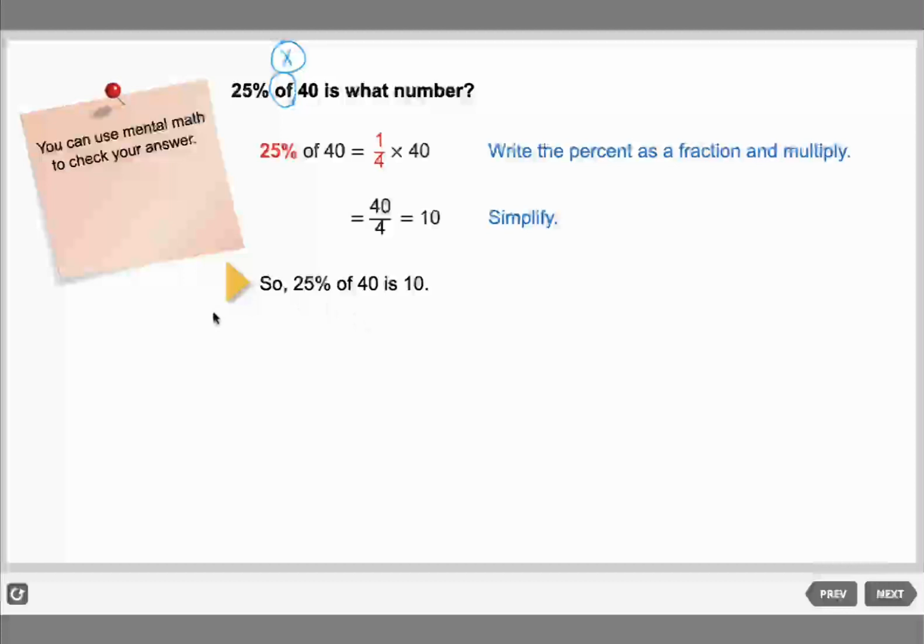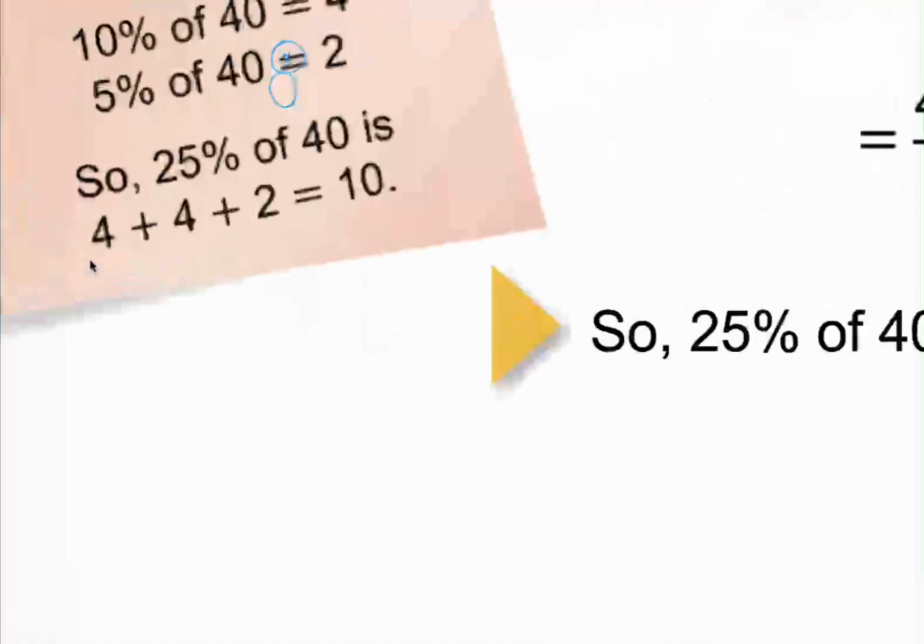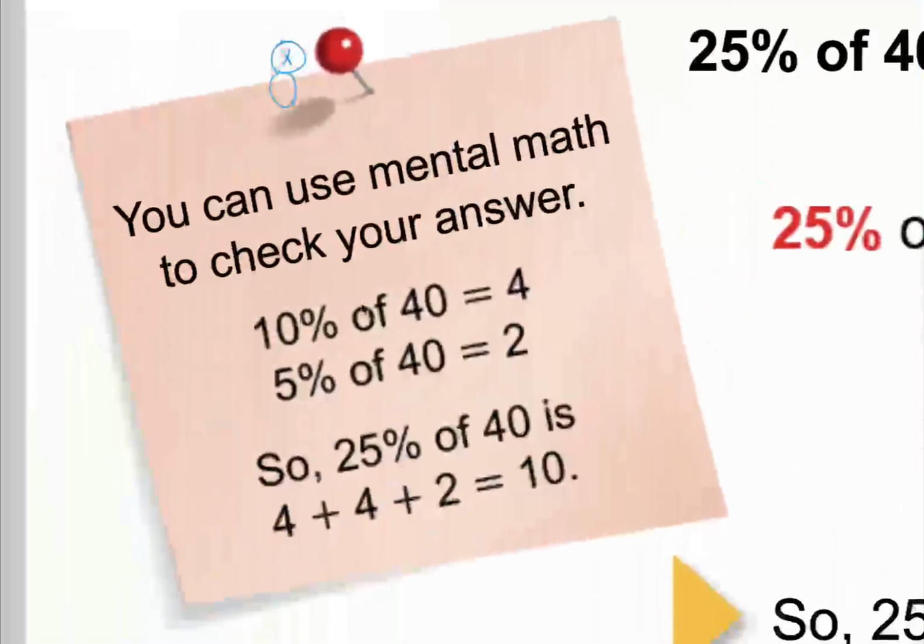We can use mental math to check this. How? Fourth of 40. What is half of 40? It is 20. Great. So half of 40 is 20 and fourth of 40 is 10. And we can also use this way to check our answer. 10% of 40 is 4.